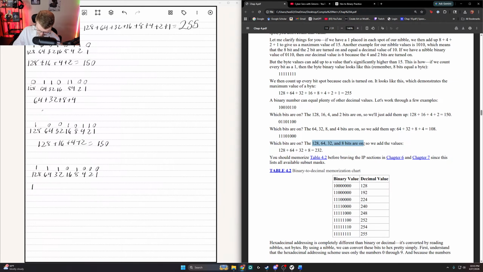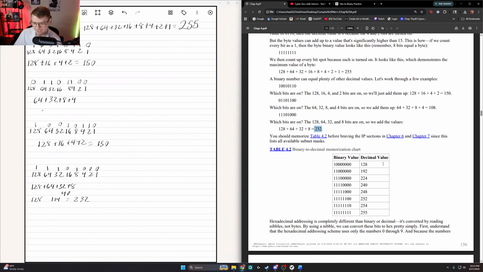And then we have 128, 64, 32, 8. So 32 and 8 is 40. 40 plus 64 is 104. So 128 plus 104 is 232. All right? Yes, 232. Public math, scary.